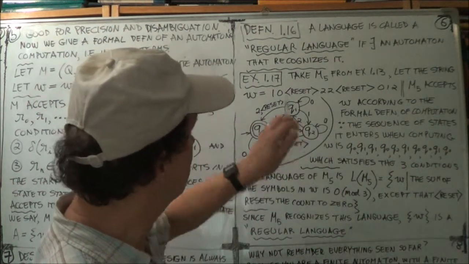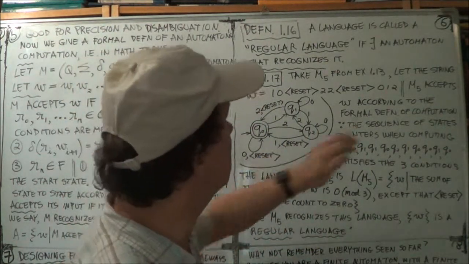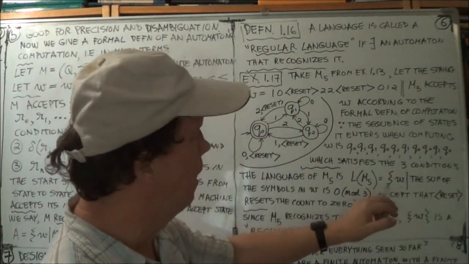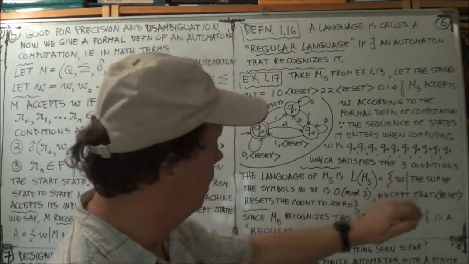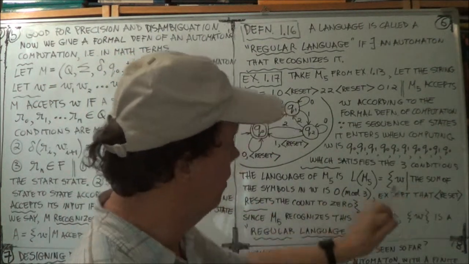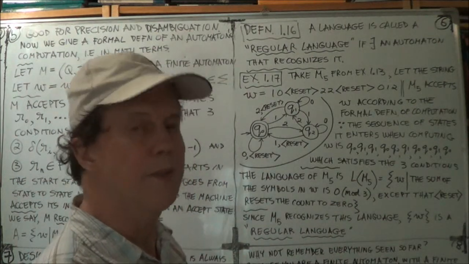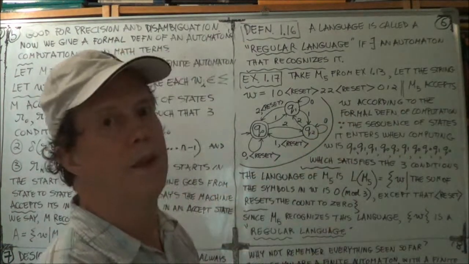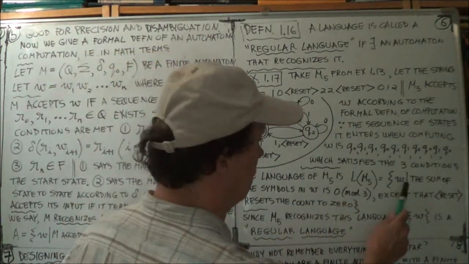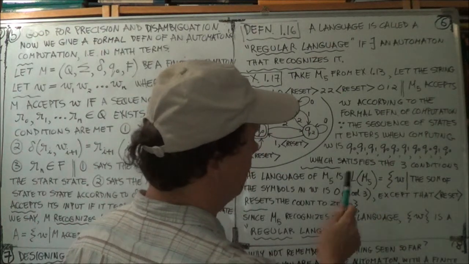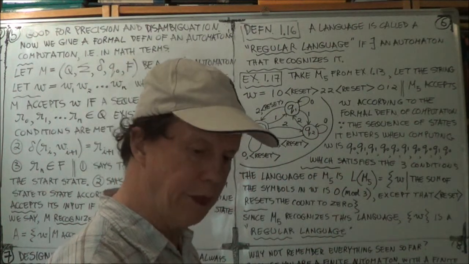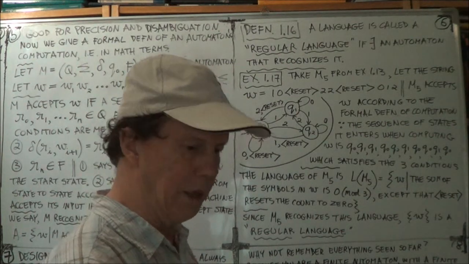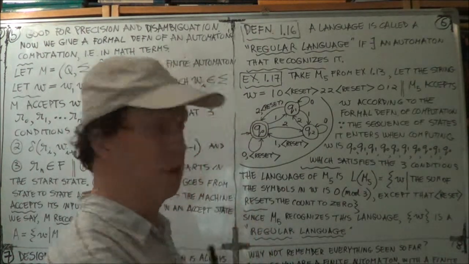Because that language is recognized by an automaton. Which one? M5. Therefore this language L, the set of all the strings W, does have an automaton that recognizes it. Therefore, that language is a regular language.